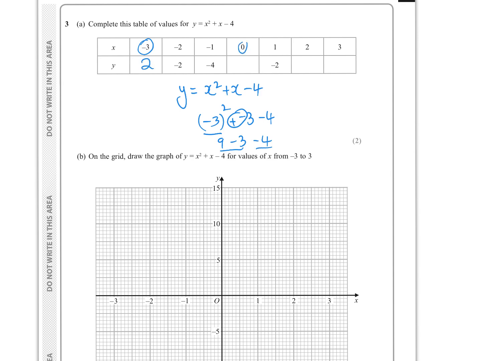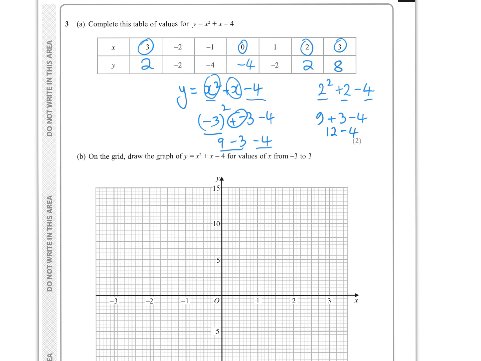For 0, we're going to have 0 and 0, which is 0, so we're just left with negative 4. For 2, we're just going to have 2 squared, add 2, take away 4, which is 4 and 2, which is 6, take away 4, which is 2 again. And then for 3, we're going to have 3 squared, which is 9, plus 3, take away 4. This gives us 12, take away 4, which is 8.